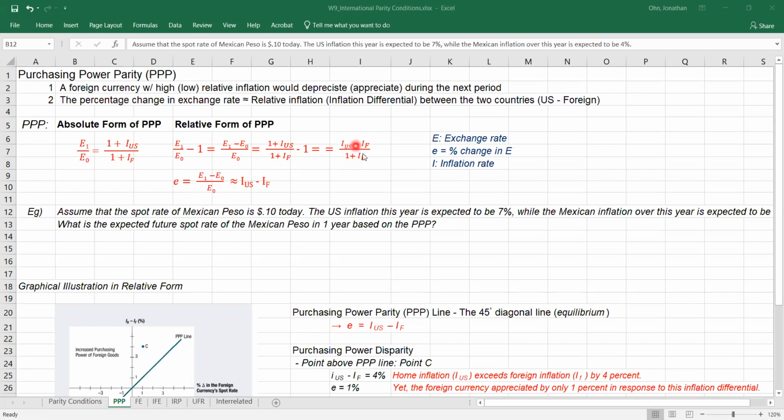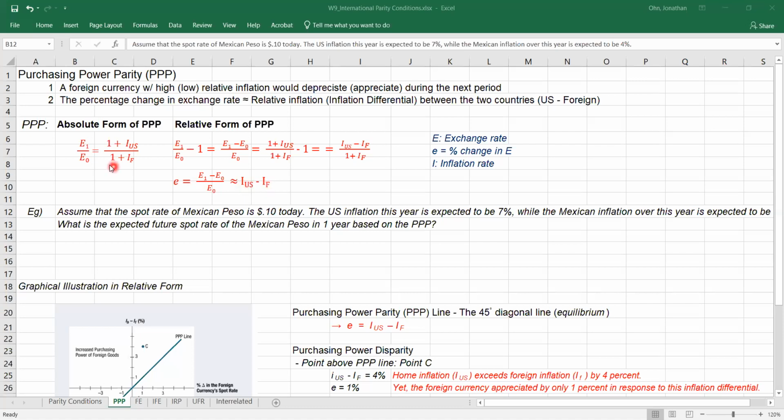The left-hand side is the percentage change in exchange rate. The right-hand side is the complete form, but practitioners use the approximation. The approximation is just the numerator, I_US minus I_F. So the relative form, or short form, says the percentage change in exchange rate is equal to or close to the relative inflation, or inflation differential, between the two countries.